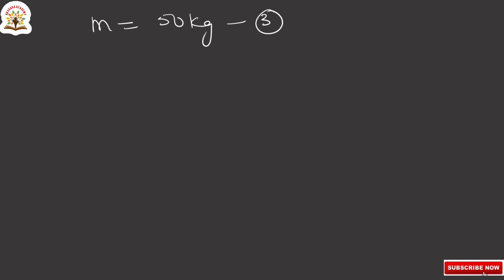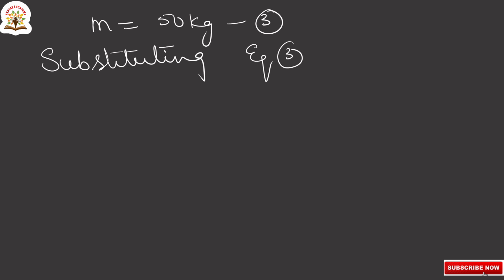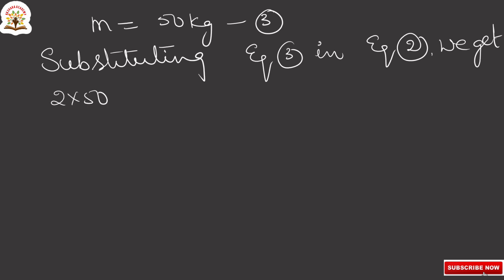And then substituting equation 3 in equation 2, we get 2 into 50 equals 150 minus 10 mu k into 50.